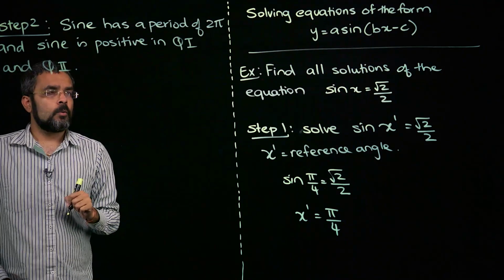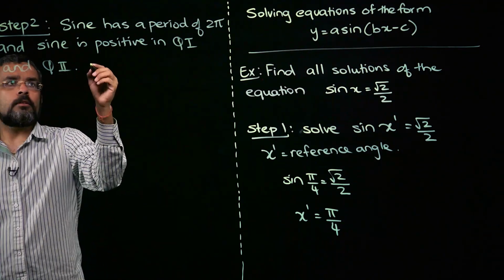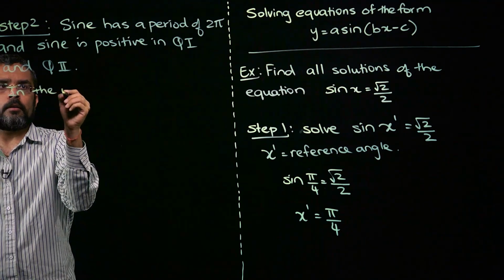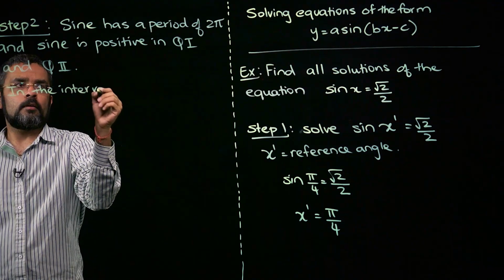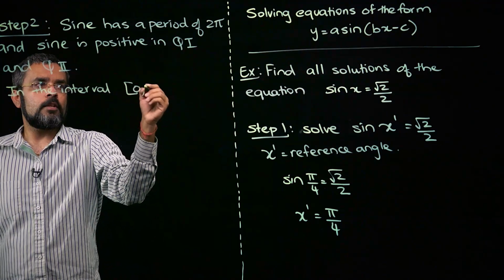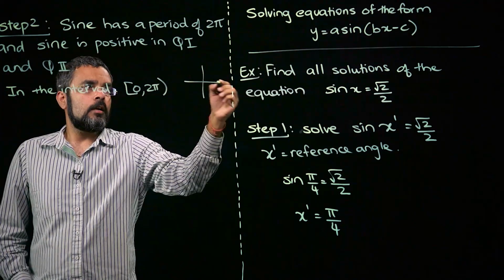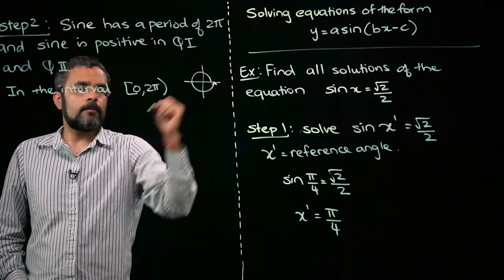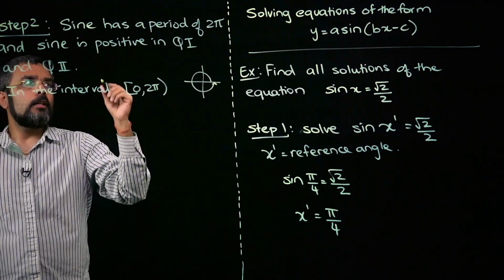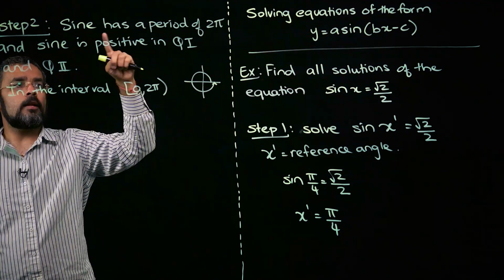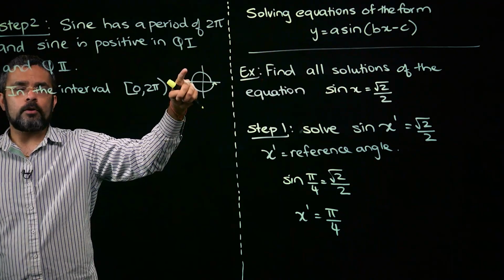So if you look in the interval from 0 to 2 pi, if you look at this one rotation, the only places that I can have sine x equals root 2 over 2 are in the first quadrant and in the second quadrant.